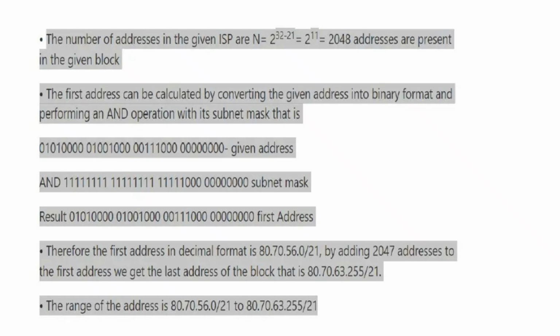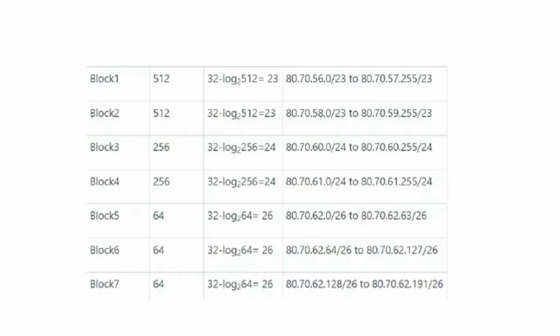We already got the first address, 80.70.56.0/21, and the last address in this block is 80.70.63.255/21. So the range of the addresses is 80.70.56.0/21 to 80.70.63.255/21. This is the explanation for the above problem, and this is the block allocation.